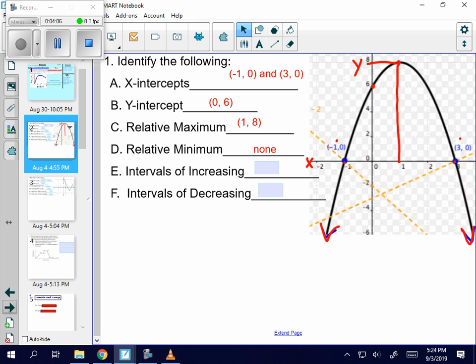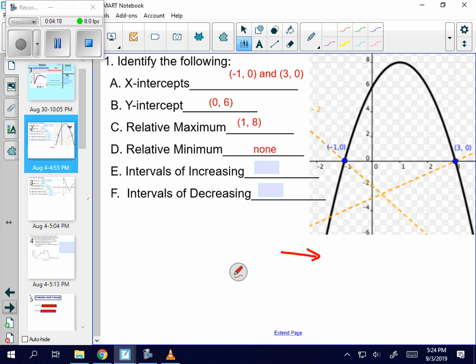Intervals of increasing. Where is the graph going up? Well, let me erase a few things. The way you read this is the way you read in English, from left to right. So as I read from left to right, then I would notice the graph increases where I have the red. And that happens, well, is that starting at -2?